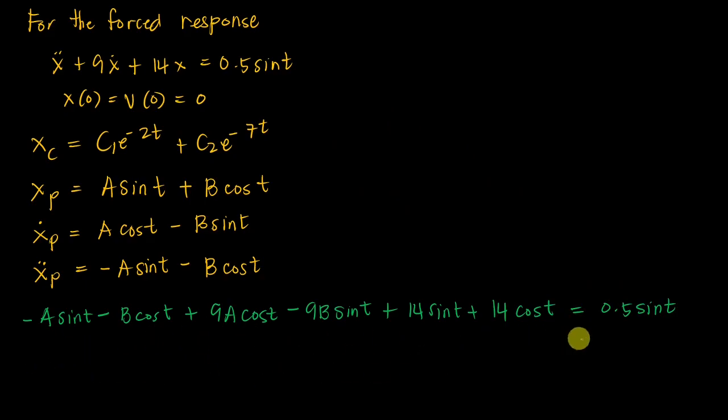Okay, so we will simplify this by combining like terms. Ano lahat yung may mga sign sine? Negative a, negative 9b, at saka 14a. There should be a here and there should be b there. Okay, 14a minus a is 13a. So we have 13a and minus 9b, all of them multiplied by sine t.